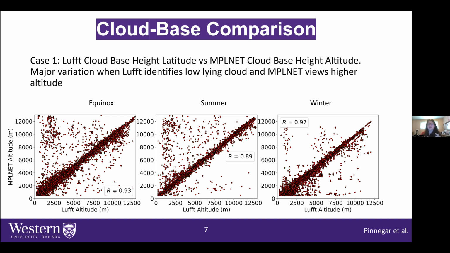The first thing that was noticed when we looked at the total cloud coverage over spring of 2021 was that the MPL saw less total cloud coverage than the ceilometer. Most of this discrepancy comes in between 0 to 2 kilometers, which obviously has issues with the planetary boundary layer and all of these mixing layers.